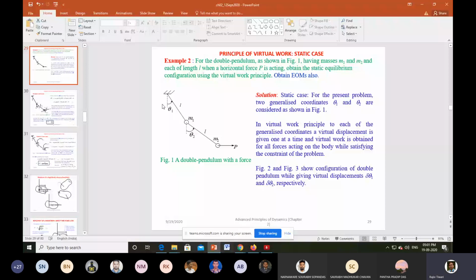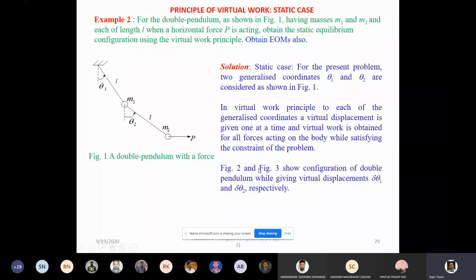First we'll see what forces are acting on this pendulum, and then we'll give a virtual displacement to theta 2, and next time to theta 1, and we'll see how much work the forces acting on the pendulum do for this virtual displacement.